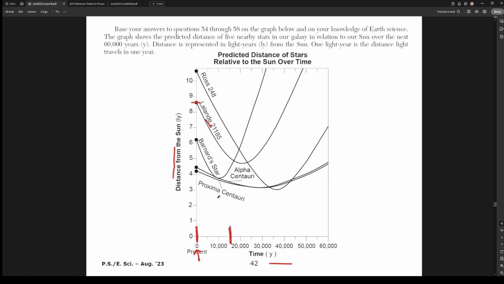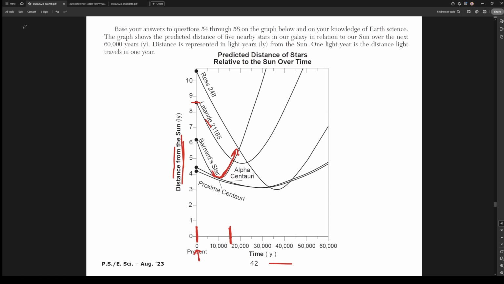And we need the star to be going away from us over that time, which means it needs to be getting further away. So over time, it seems like Barnard's star right here at this point is starting to go further away. Up is away in this case, because that would be distance increasing.